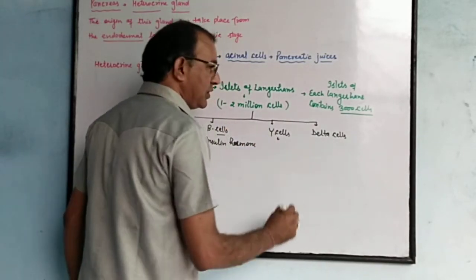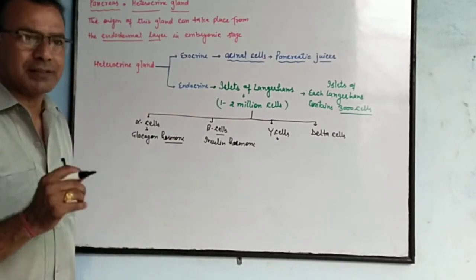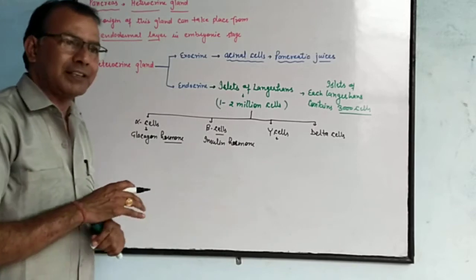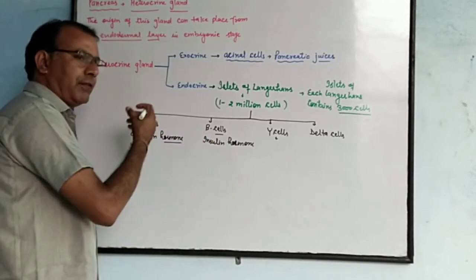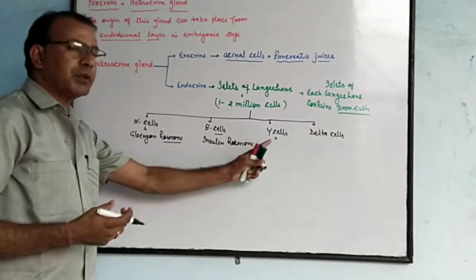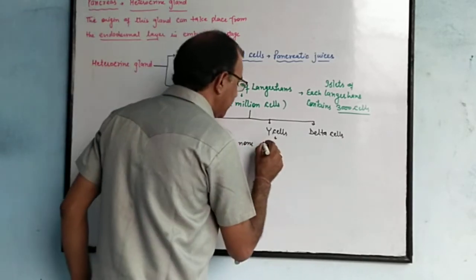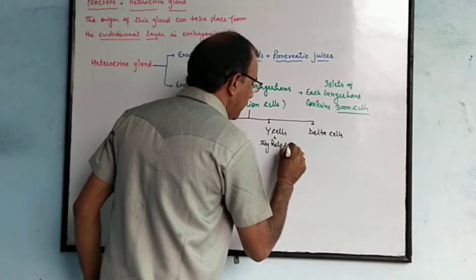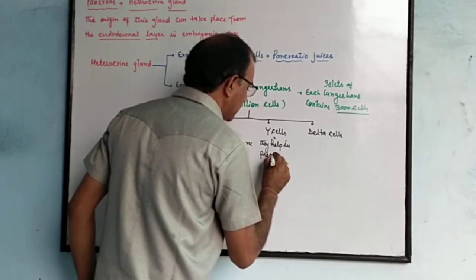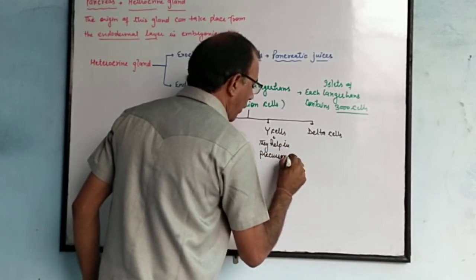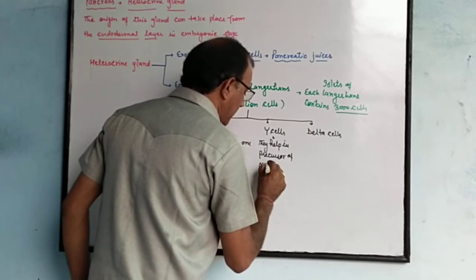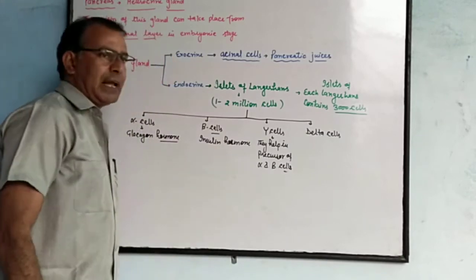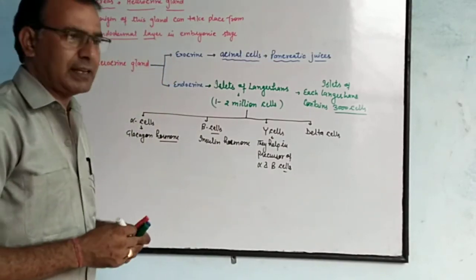Gamma cells are the precursor cells. Precursor means when the alpha and beta cells are destroyed, new alpha and beta cells are produced from the gamma cells. And the fourth type are delta cells.